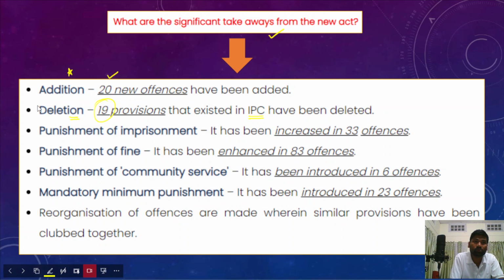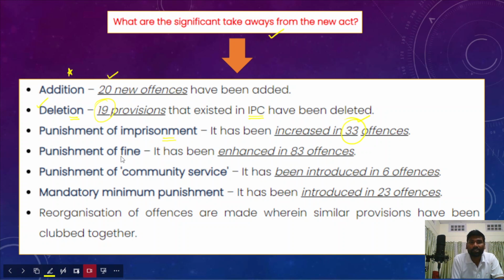So therefore they also got deleted, and punishment of imprisonment was also increased for 33 offenses, because the society felt that the punishment for certain crimes is not adequate. So there was a need to increase imprisonment, and it has been increased for 33 offenses. These are the basic tenets or key takeaways from the new act.